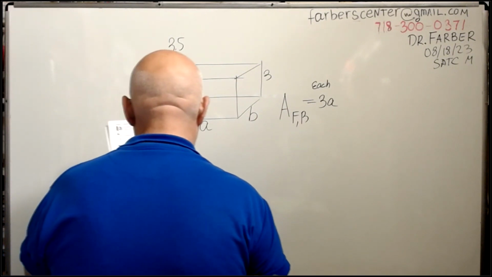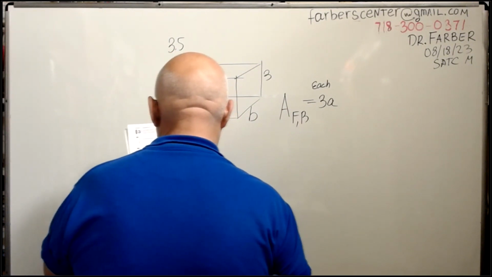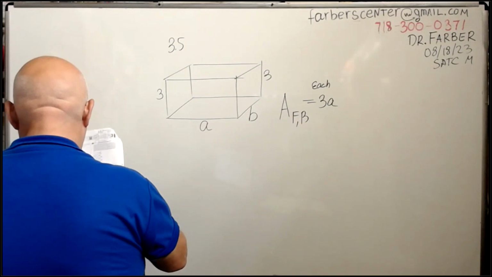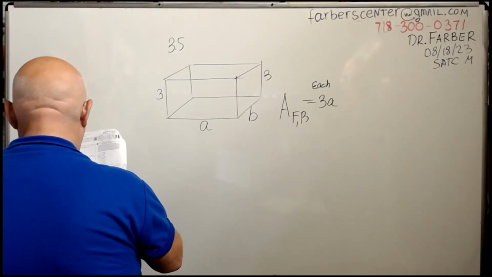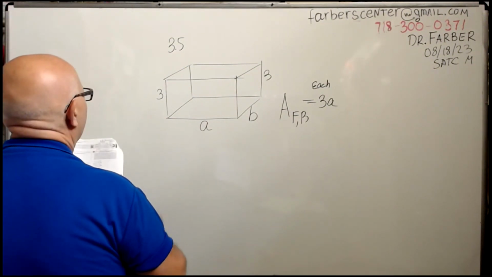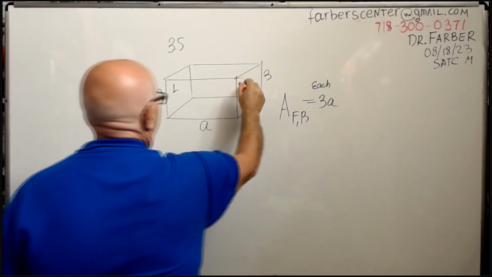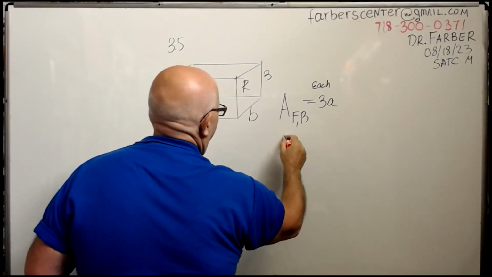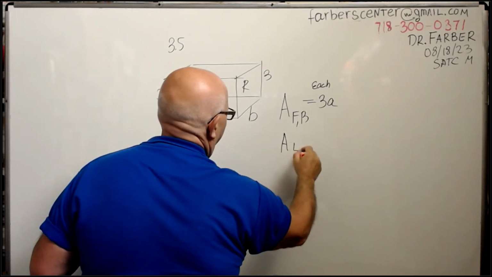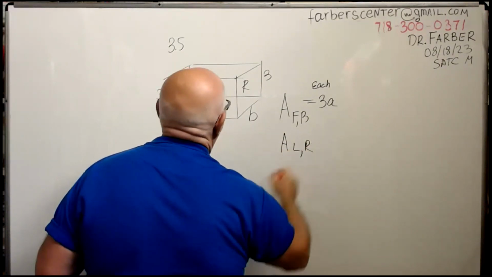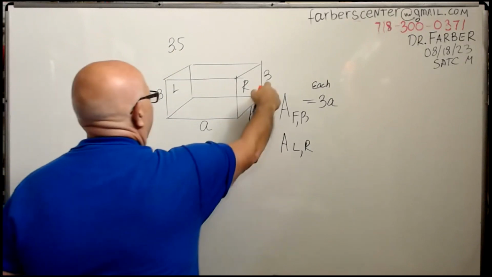Okay. Now, if I look at this picture, left and right, the area of left and right each would be 3B.